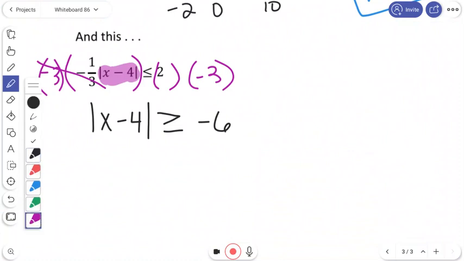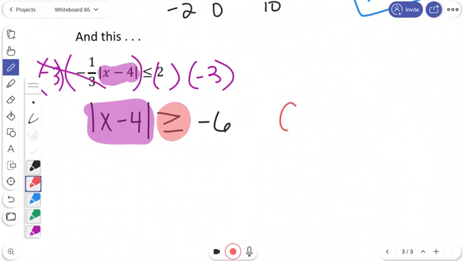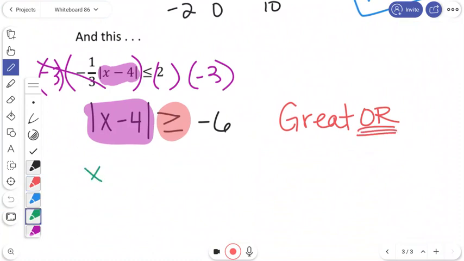Now our absolute value expression is isolated, so we can write our two inequalities. Is this going to be an and or an or problem? This is a greater than problem. So x minus 4 is greater than or equal to negative 6, or we have x minus 4 is less than or equal to positive 6.